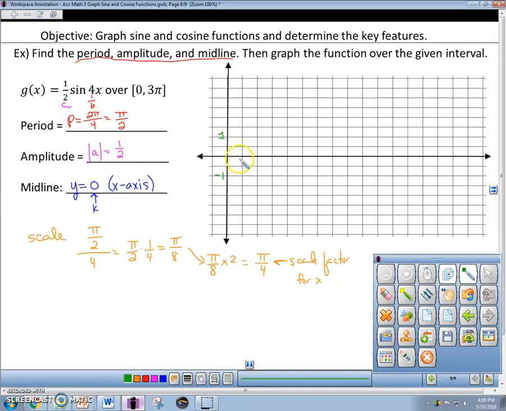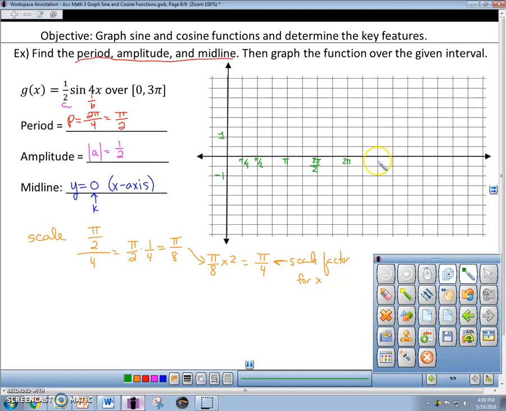And then this would be pi 4ths. And then pi halves, and then this would be 3 pi 4ths, and this would be pi. This would be 5 pi 4ths. This would be 6 pi 4ths. This is 3 pi halves. 7 pi 4ths, 8 pi 4ths. There's my 2 pi. This would be 2 1/4. This would be 9 pi 4ths.